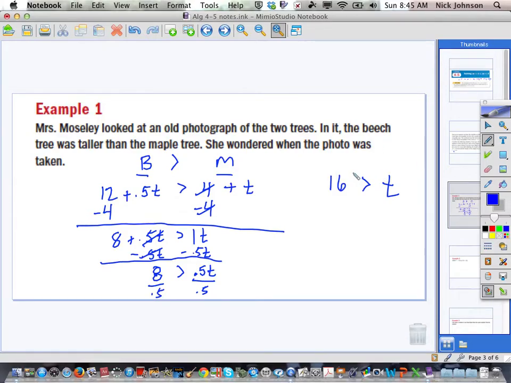Okay? So time has to be less than 16 years because that picture had to be taken 16 years or less. Otherwise, after 16 years, that maple tree is going to start getting bigger than the beech tree. Okay?